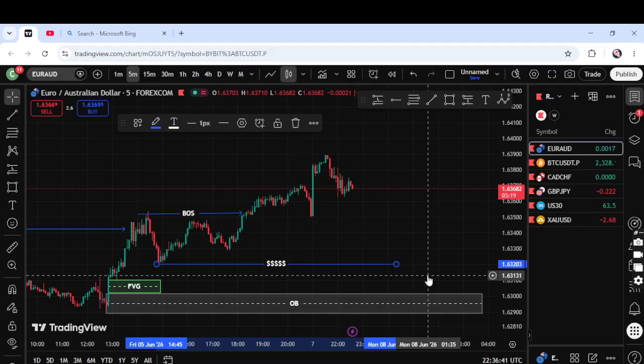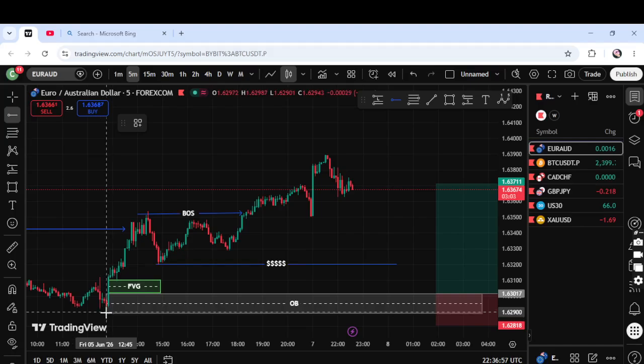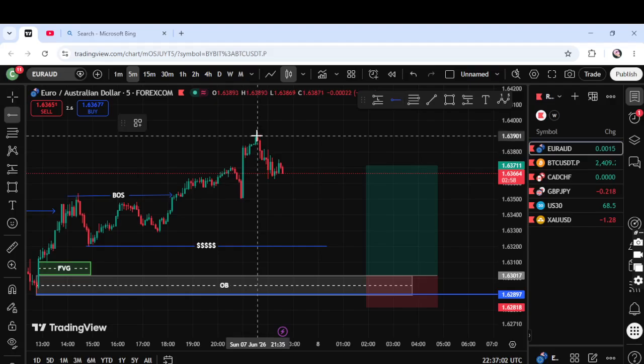Let me check the risk to reward. So 1:5 risk to reward ratio.